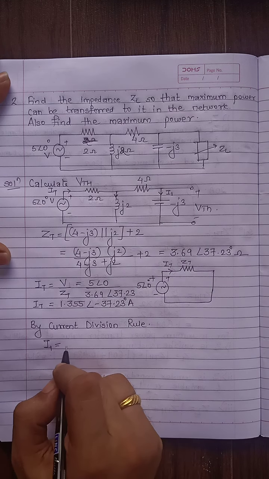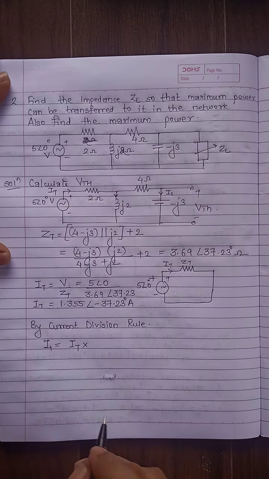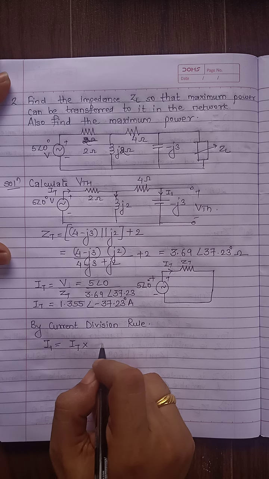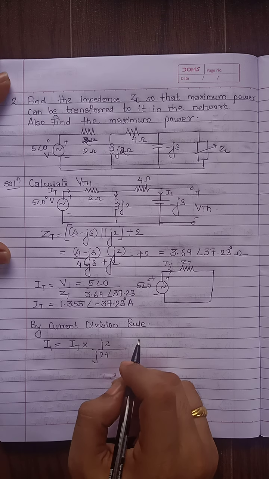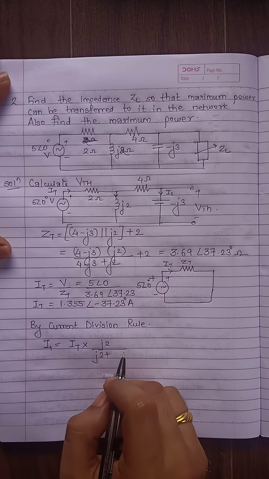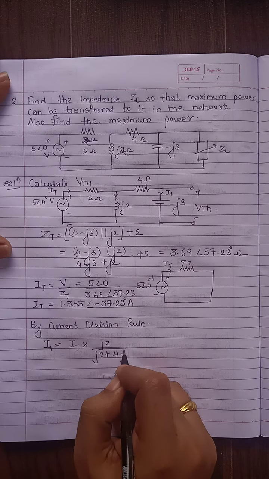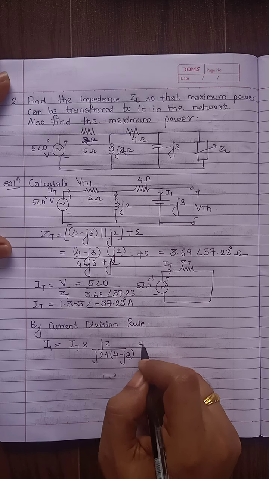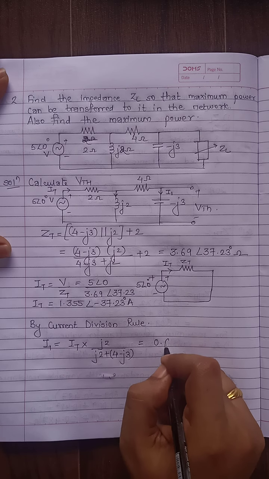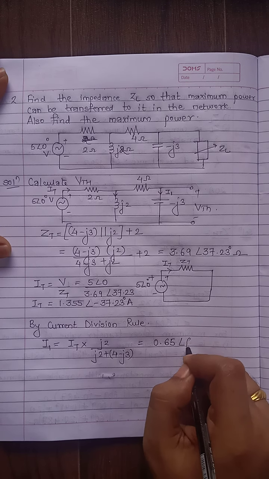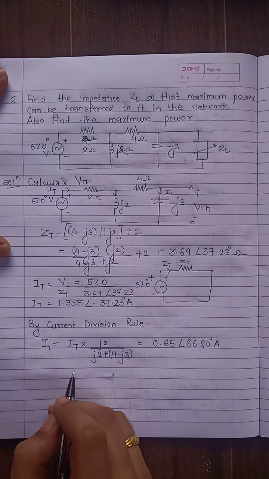So I1 will be total current IT into the opposite branch impedance, J2 upon J2 plus the combination of these two, that is 4 minus J3. This will give me the value of I1 as 0.65 angle 66.80 degrees ampere. So I've got the current flowing through minus J3.